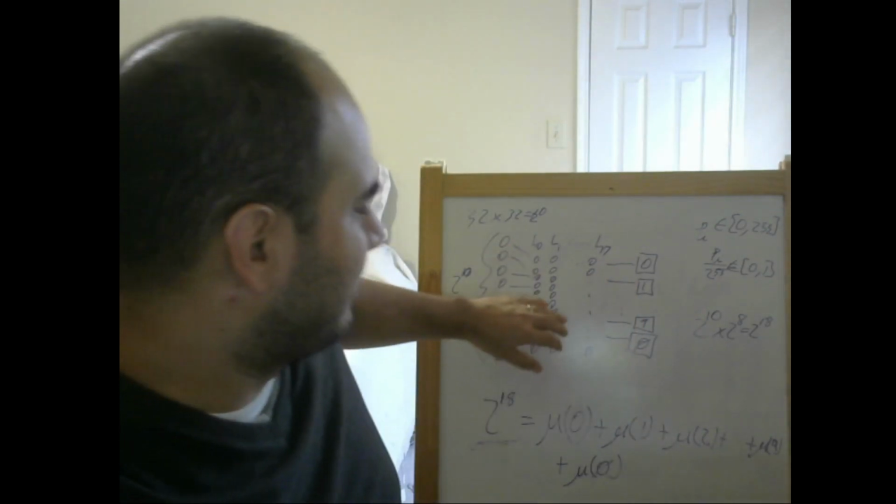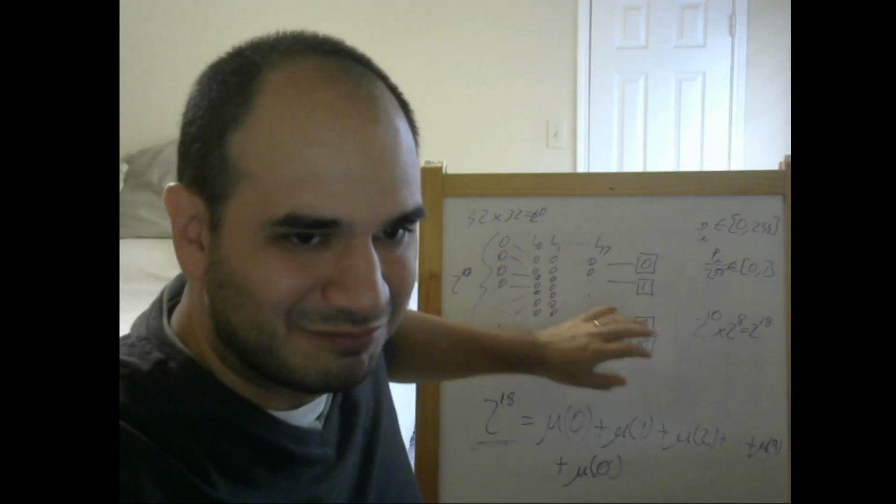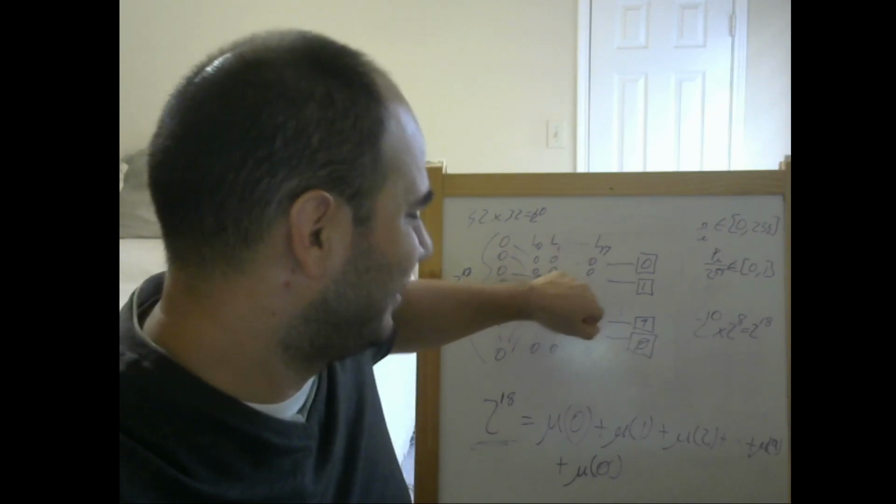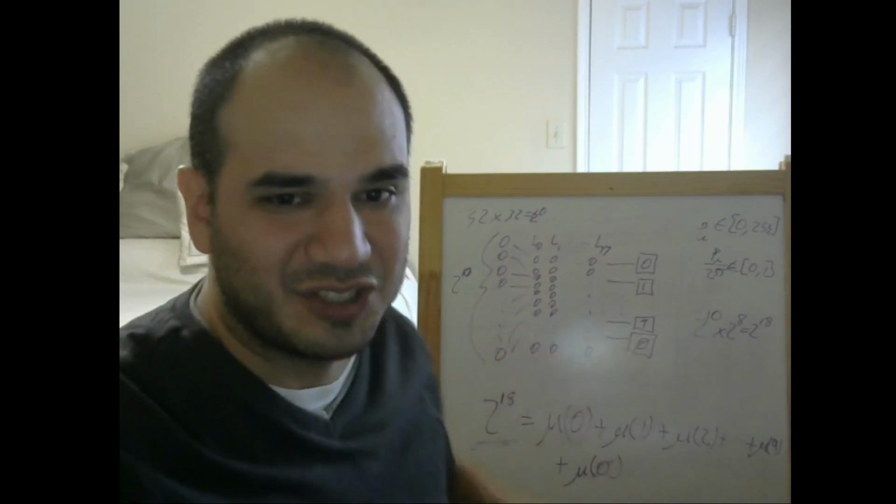And the output from this feeds into some final polynomial, and that final polynomial is what essentially makes our decision.